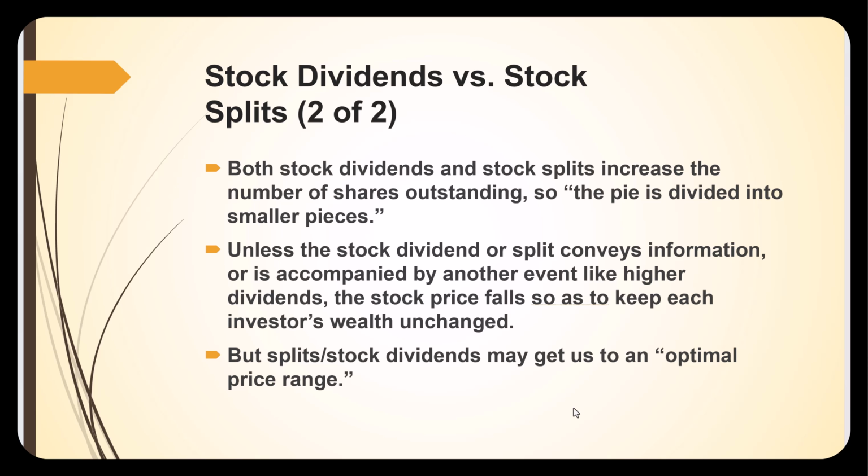So again, unless there's some kind of information that's provided or something else that they mentioned here, what if they decide to keep the dividend the same and now give you twice as many shares? Well, now your cash flow's doubled.